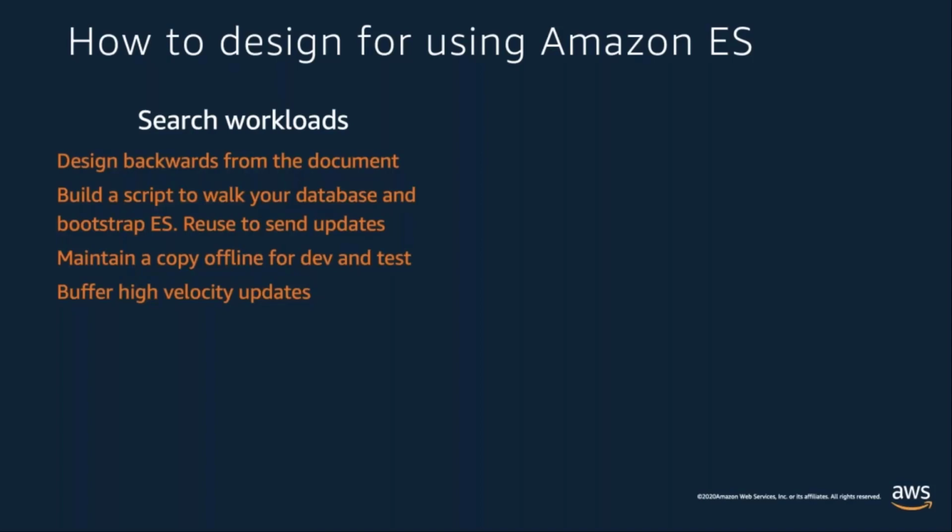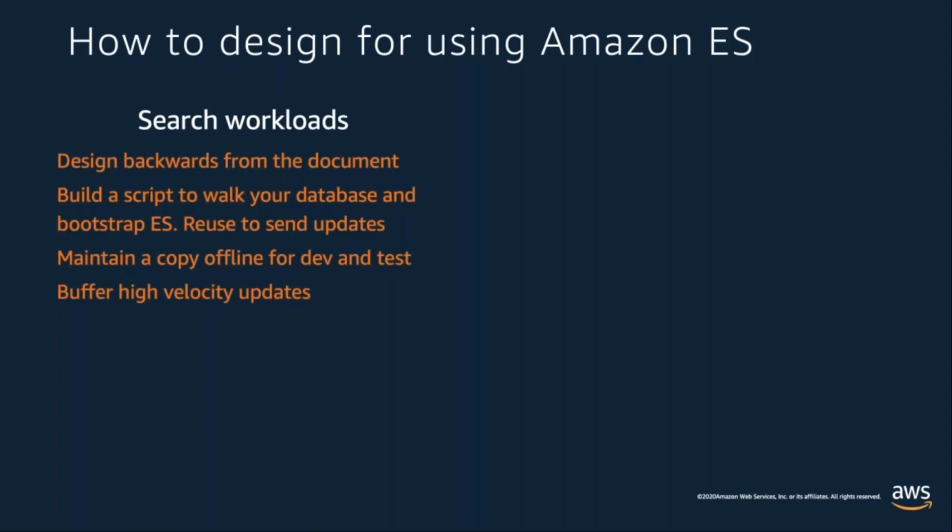Another really good thing to do is to maintain a canned copy of your data set as Elasticsearch documents in a separate store. Again, that shortens the time if you have to reload that data for some reason, or you want to use it for dev and test. You have a quick way to push it back into a different Amazon ES domain so that you can do dev and test on it.